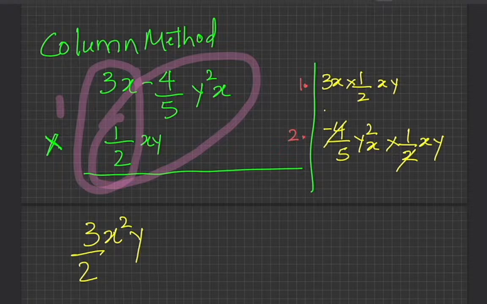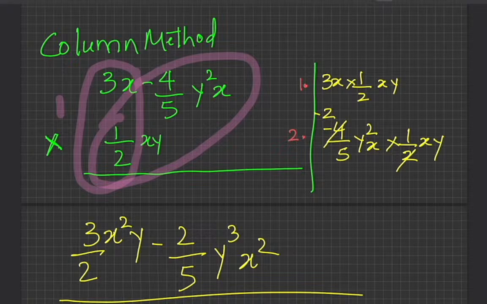So I get 2, I have a negative 2 there, sorry. So I have negative 2 by 5. y squared times y is y cubed. x times x is x squared. This is your answer.